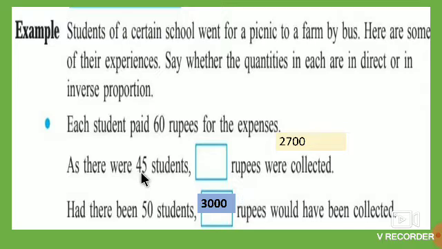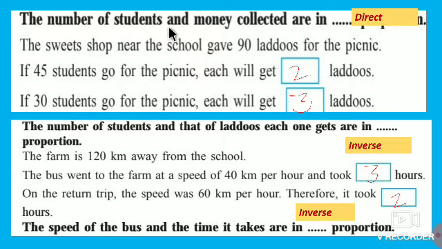As the number of students increases, the amount paid by them also increases, 2700 to 3000. Quantity increases, so we can say there is a direct proportion. The number of students and money collected are in direct proportion.